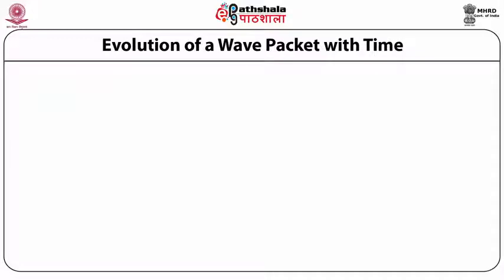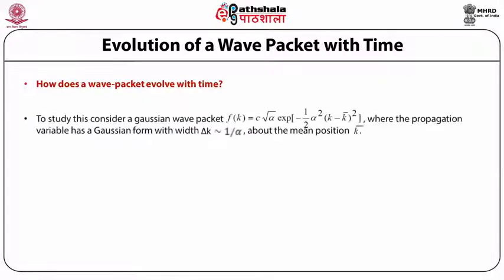Evolution of a wave packet with time. How does a wave packet evolve with time? In order to study the evolution of a wave packet with time, let us consider a Gaussian wave packet. F as a function of k is equal to C times under root alpha times exponential of minus half alpha squared (k minus k bar) whole squared.